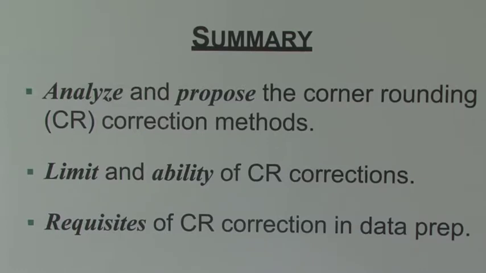And not only the correction accuracy, but also from a real application point of view, we have shown the cross corner rounding correction method can balance the correction accuracy and its writing time.